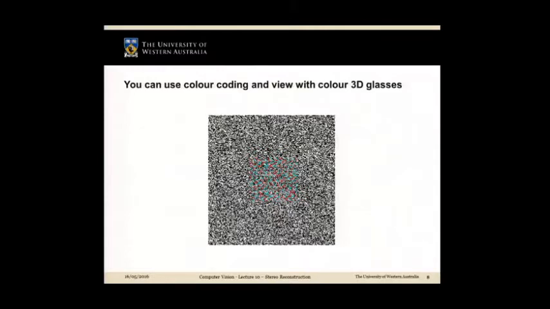Now, another way to generate a similar effect is to use color coding. You use green and red color. Then you have a square window here. You slightly shift that window, and you fill the rest of the portion with red color.